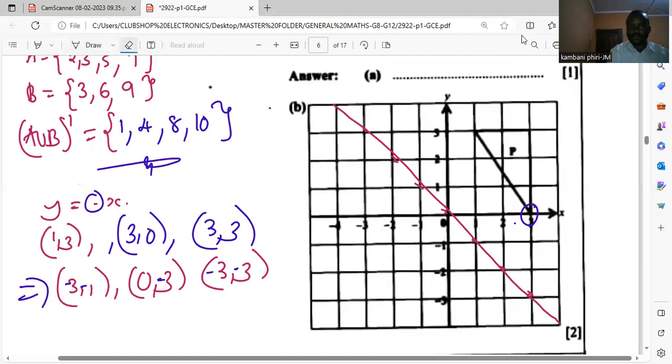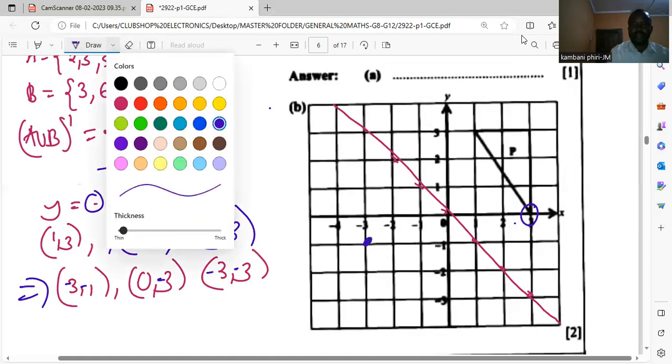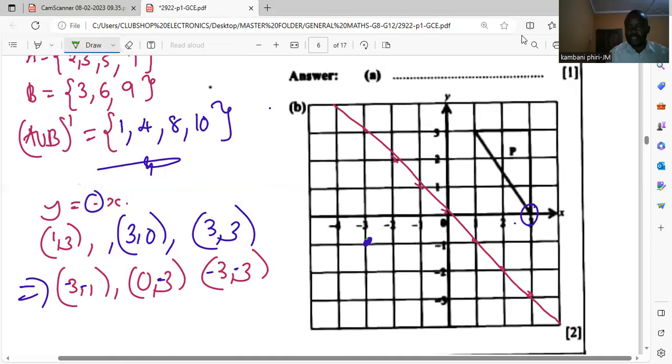Okay, so you plot -3, 1, this point, then 0, -3, this point, then -3, -3, this point. This is what we have.